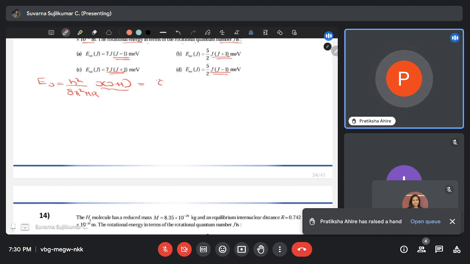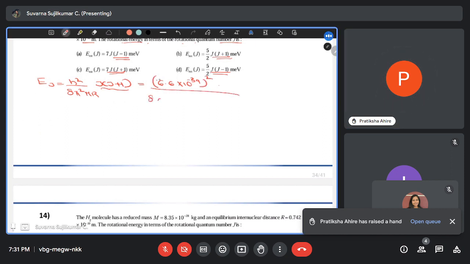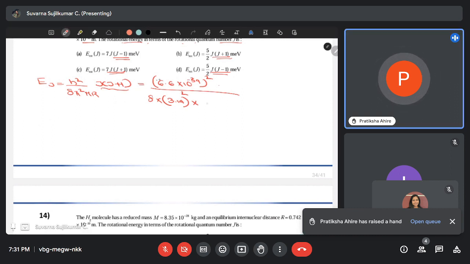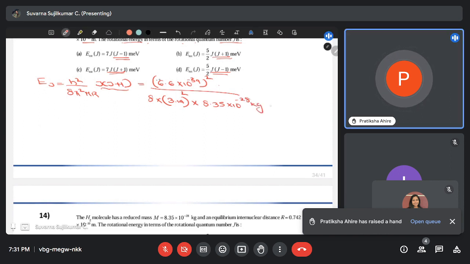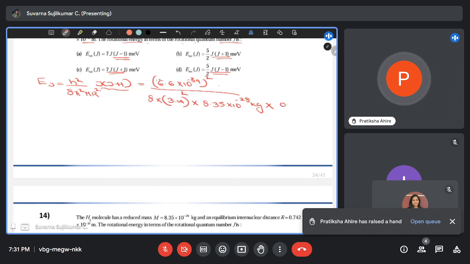Let's put in the other constants and find the answer. The value of h is 6.6 into 10 raised to minus 34, the whole squared, divided by 8 into 3.14, the whole squared. The reduced mass is given in kilograms, 8.35 into 10 raised to minus 28 kg, and the mu r squared. The equilibrium nuclear distance is 0.742 into 10 raised to minus 10 meter, all squared.